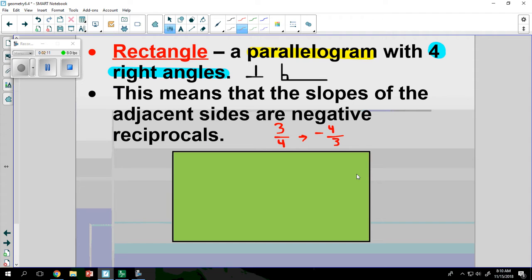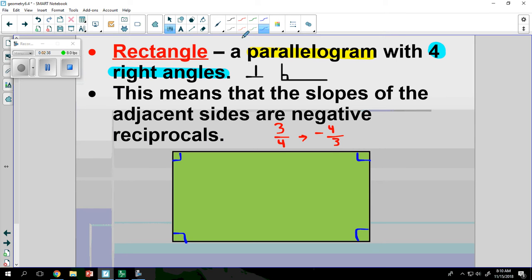A little visual. Go ahead and sketch a rectangle. And then we can mark it up: that angle, that angle, that angle, and that angle are all right angles. So we have a rectangle, it's got to be a parallelogram, so it has all the properties that we've been working with for the last week. In addition to that, all 4 angles must be right.